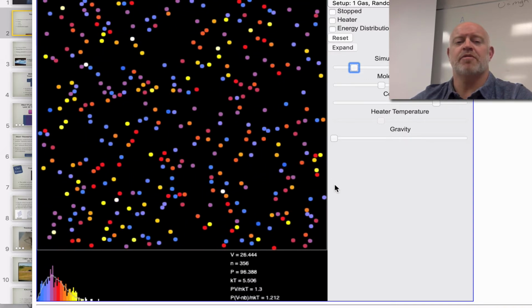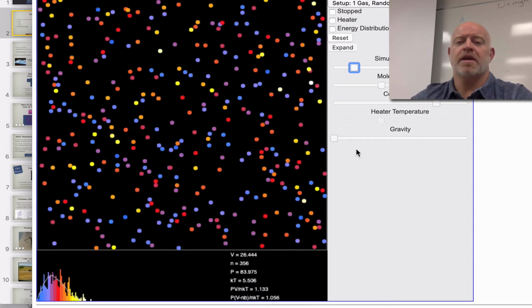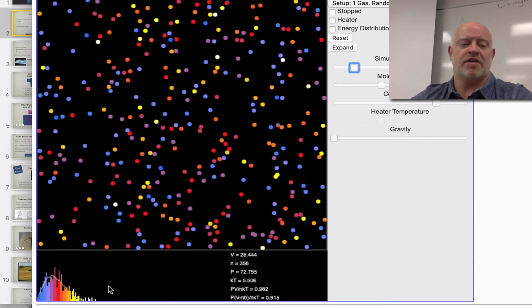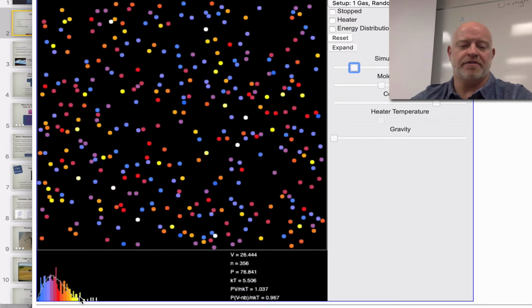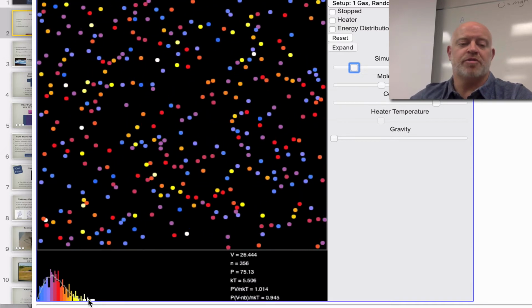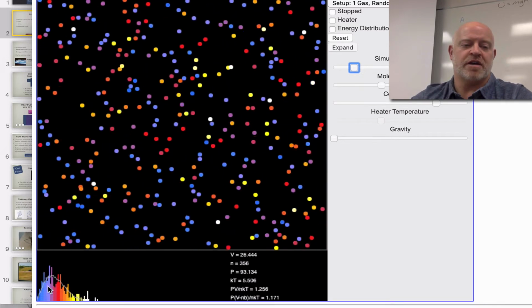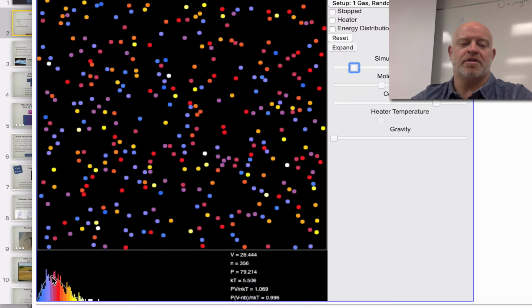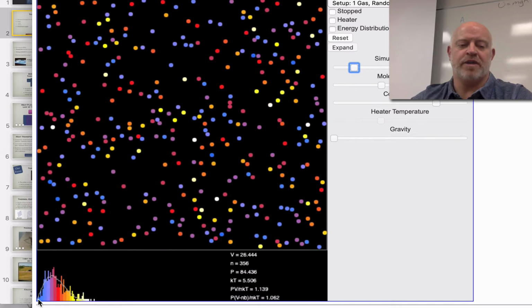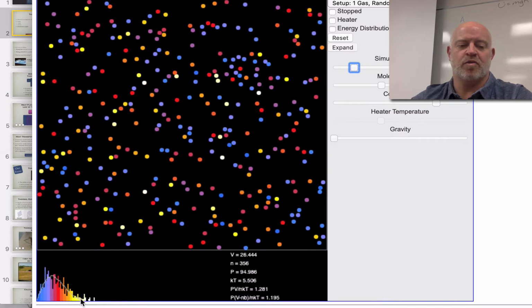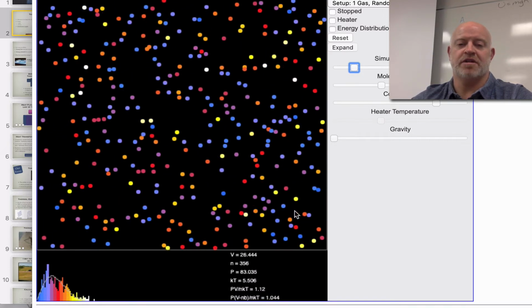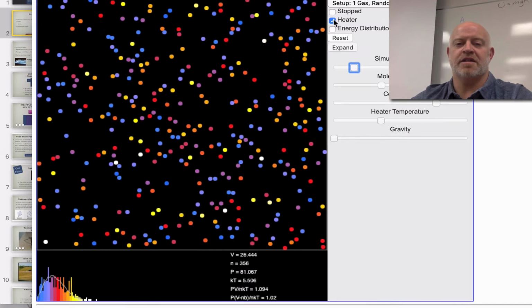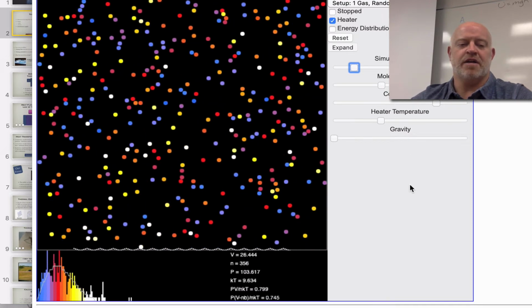Some of them are moving faster than others. Down here is a graph of the different speeds. The majority of the particles, the blue, purplish, and red ones, make up the bulk of the speeds. But we have some way down here that are moving slower, and some way up here that are moving much faster.